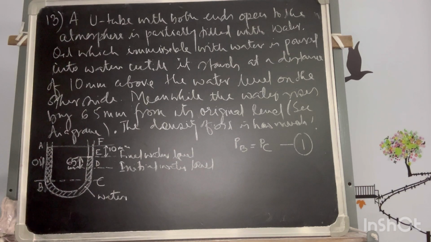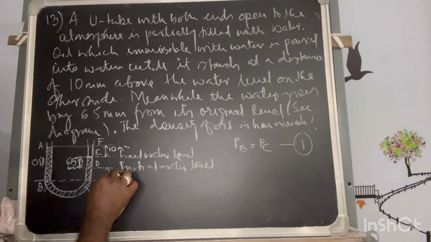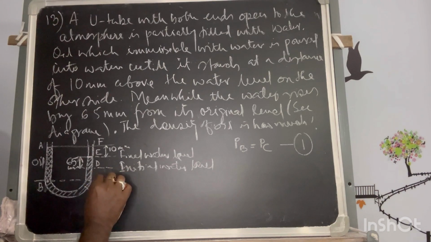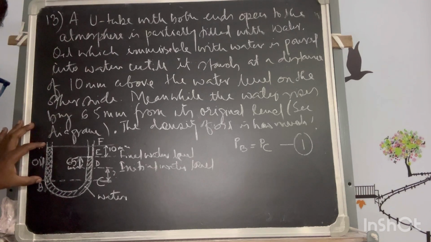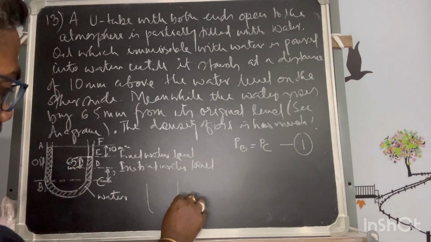Now this dimension is given, this dimension is given. What about this dimension? Can it be concluded? To get this: initially the water is filled in this U-tube.